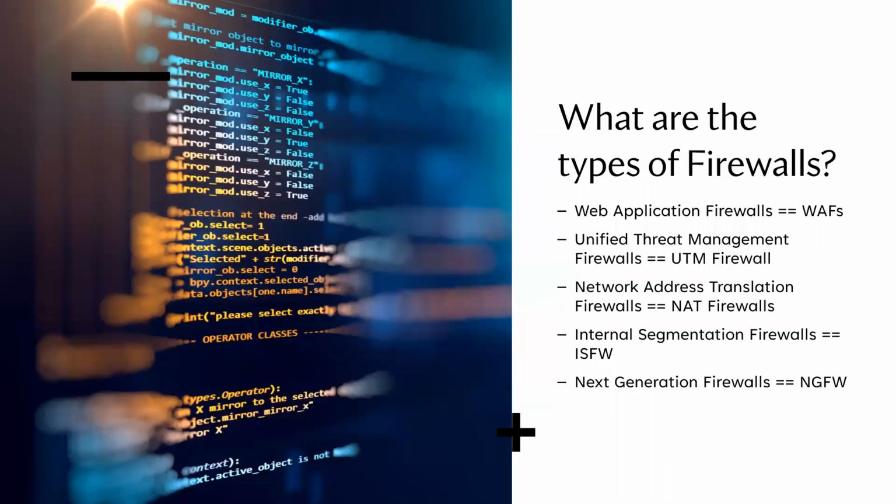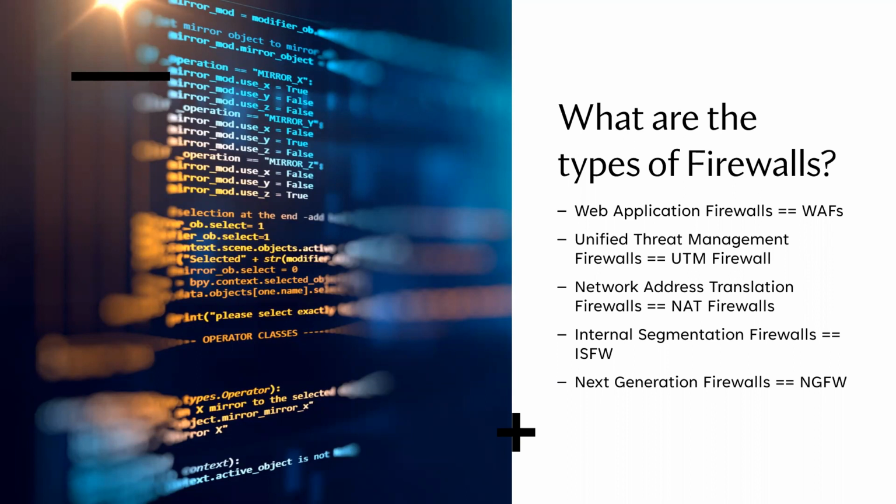So what are the types of firewalls? I touched on a few before, but let's go over them again. Web application firewalls, WAFs. Unified threat management firewalls, UTMs, so your antivirus, your IPS, all of those. Network address translation firewalls, think of your Cisco routers where you just had ACLs manipulating traffic going from inside the network out.